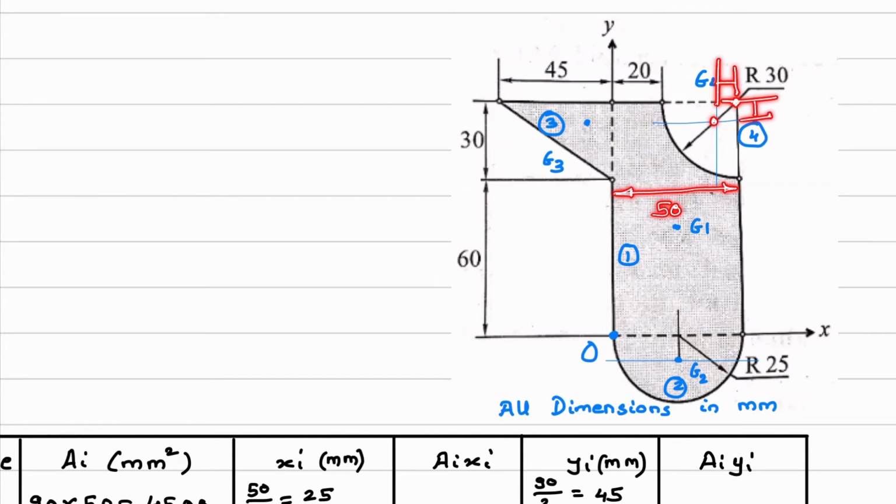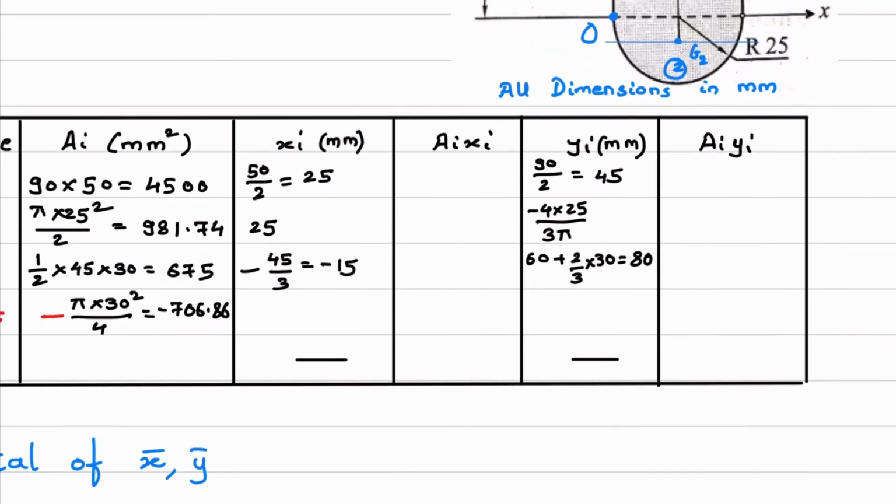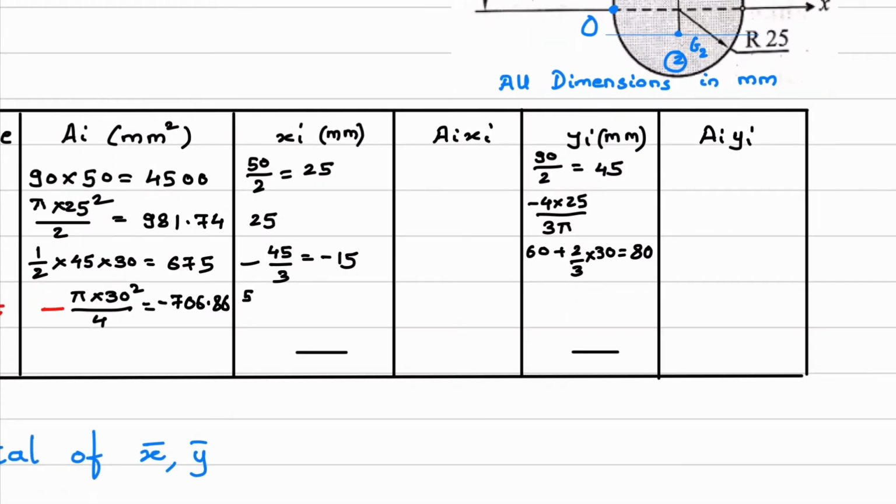Now we have to calculate from origin to this distance. So what will be this distance? It will be 50 minus this 4r upon 3 pi. So I'll write it down. 50 minus 4 into r is 30 upon 3 pi. So this is x4. So we have calculated x4.